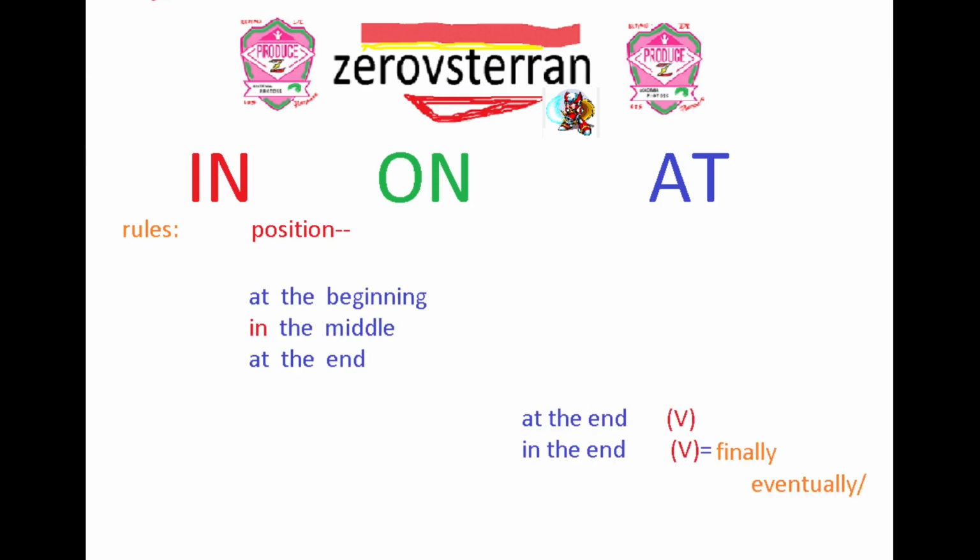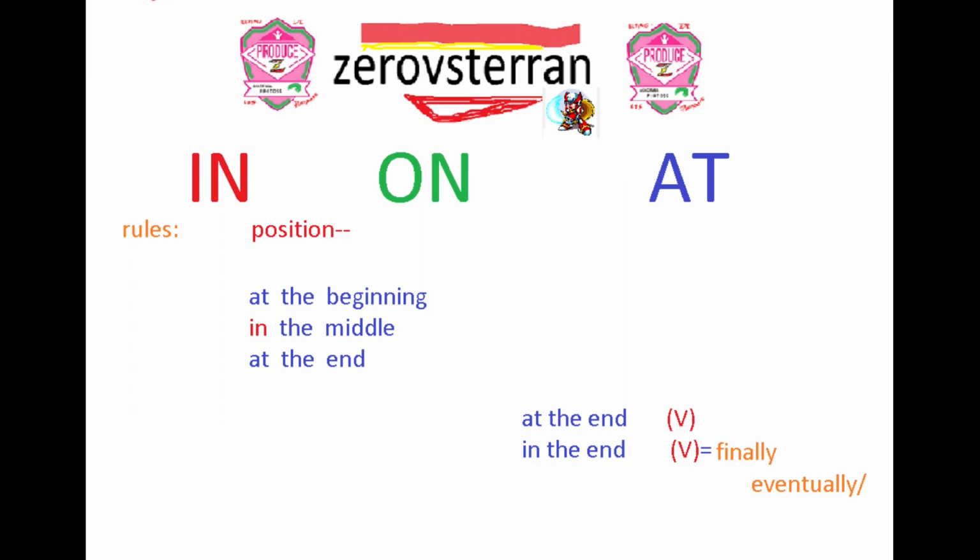So when do we use at when talking about position? Well, at the beginning, at the end. I read it at the beginning of the book. At the end of our holidays, we were sad to go home. Okay, so at the beginning, at the end, but in the middle, because the middle is enclosed by the beginning and the end.